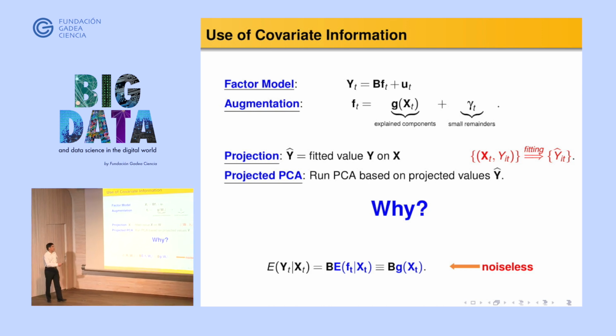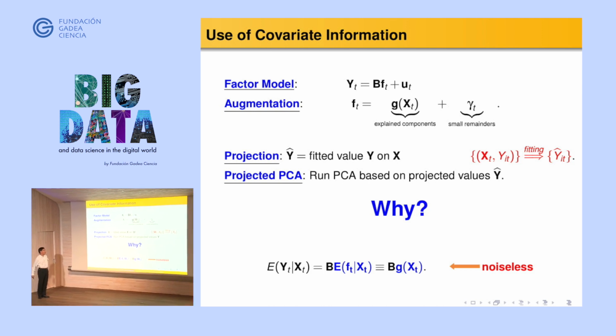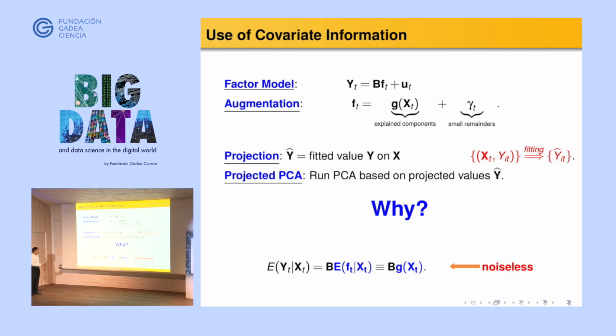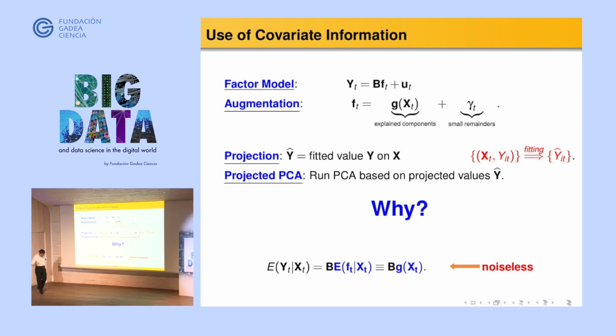In other words, it can be written as a part that can be explained, plus some small idiosyncratic part that cannot be explained by those latent factors. Examples include Fama-French factors in finance, or those 8 aggregate macroeconomic time series that should be related to these latent factors that drive common dependence among those 131 macroeconomic time series.